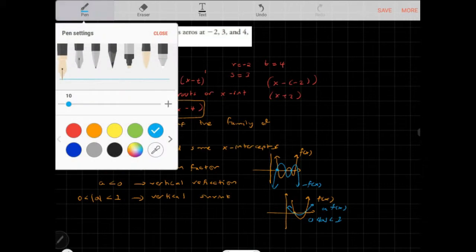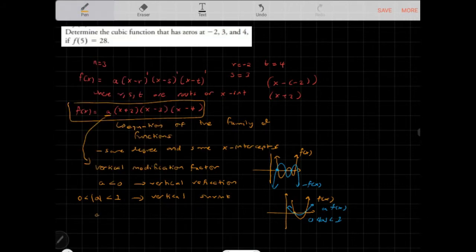And in the other scenario, if a is greater than 1, we have a vertical stretch. I'll stick with using a quadratic to show you an example. If this is your quadratic function, f of x, the vertical stretch of that function would look something like this. You still have the same x-intercepts, but now the graph itself looks longer and narrower, right? So these are just some things to keep in mind.